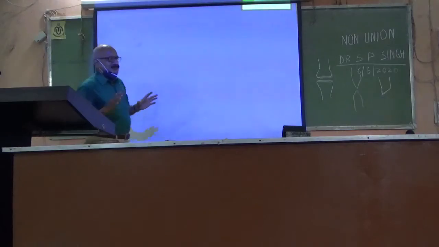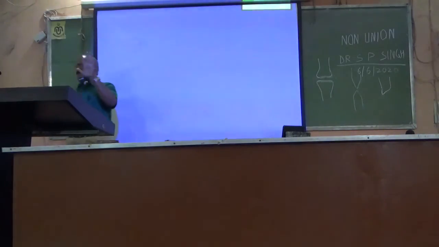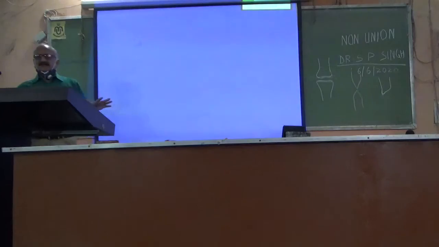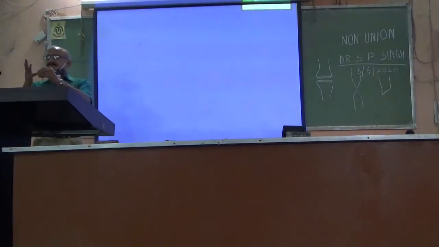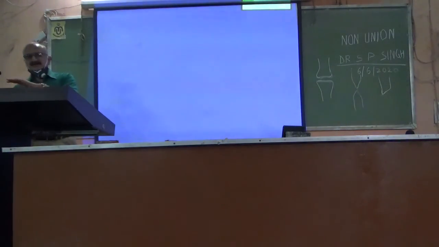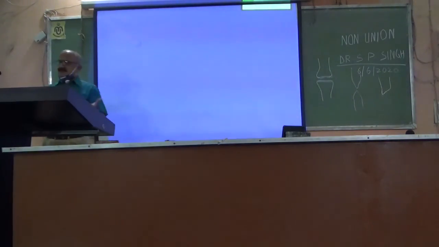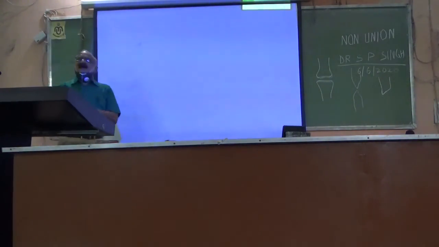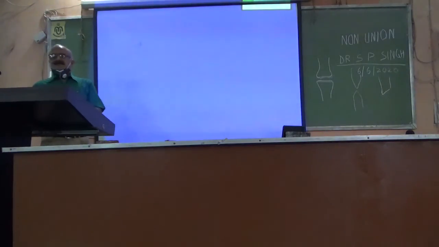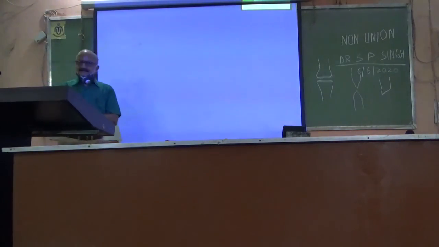Knowing fully well that 5 principles must be employed in the treatment of non-union. And what are they? Open reduction, freshening of edges, internal fixation, autologous cancellous bone grafting, external immobilization. These five things which are tools for us, I must employ them in the treatment of non-union.